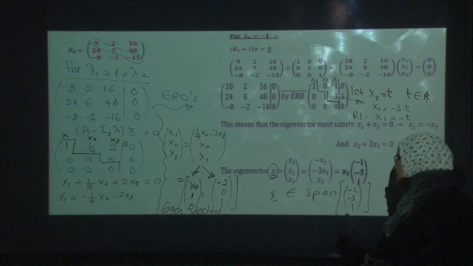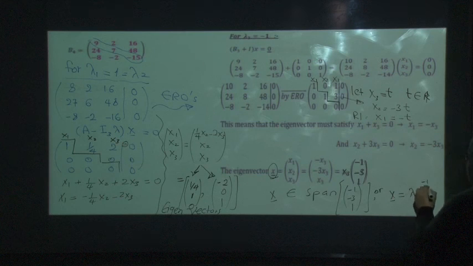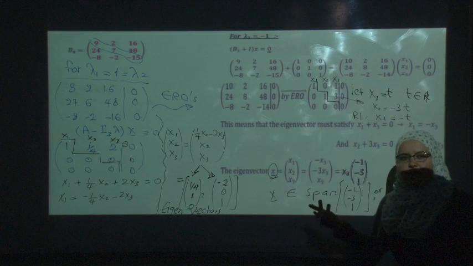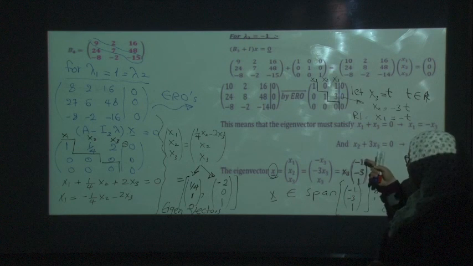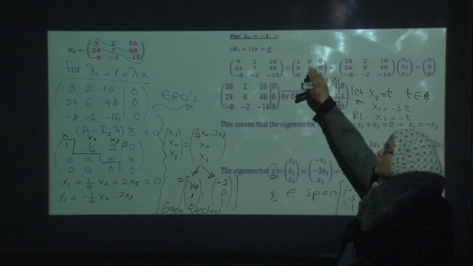So we can say as well, x is equal to lambda times this vector, or call it m, in order to make it different from the eigenvalue, so that you are not confused, call it any value c, for example, such that c is an element from all real numbers. It can be any multiple of this vector. This is the smallest vector that can represent the eigenvector that corresponds to this eigenvalue.